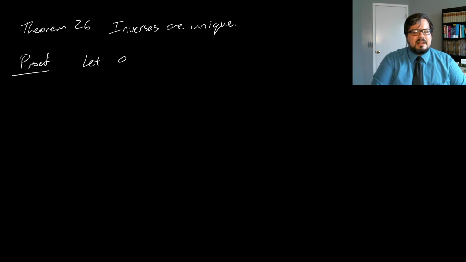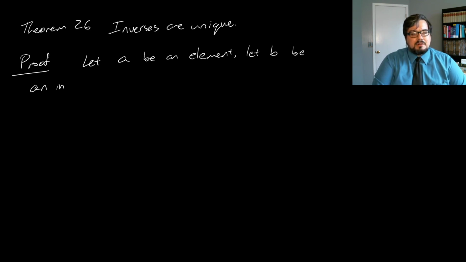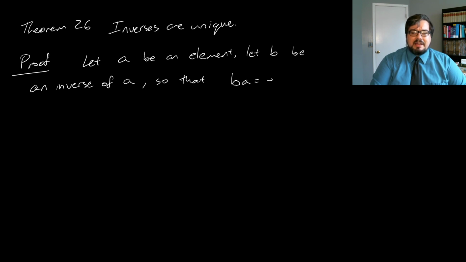Let A be an element, and let B be an inverse of A. Again, since we're working in a group, A is guaranteed to have at least one such inverse. In particular, this means that B times A is the identity and A times B is the identity.